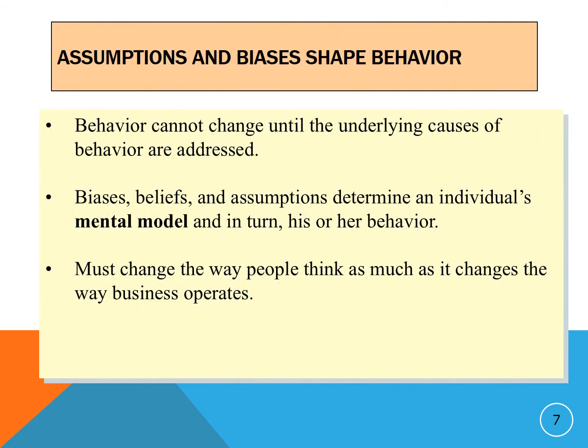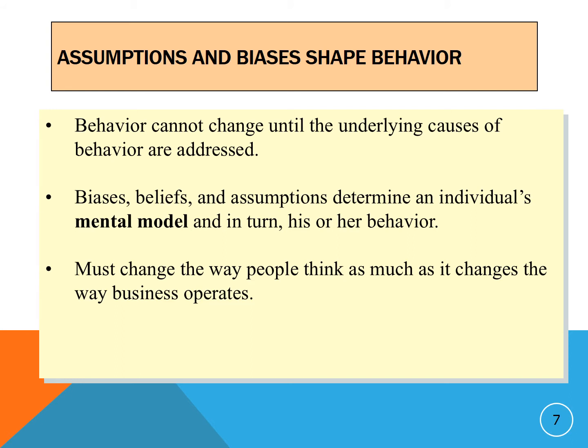I would like to start by looking at the first transformation principle, which is assumptions and biases shape behavior. These are the biases, the beliefs, the assumptions that determine an individual's mental model and in turn his or her behavior.